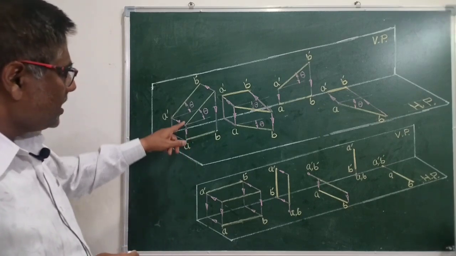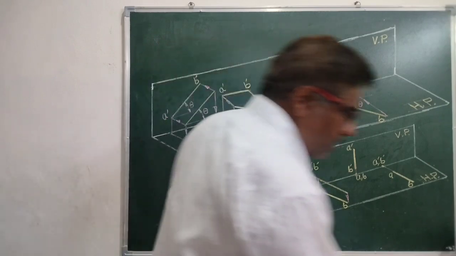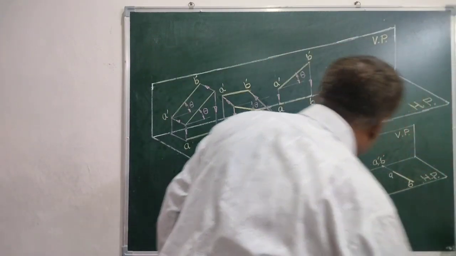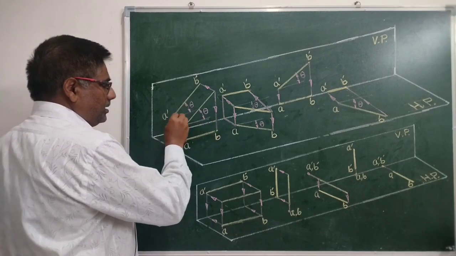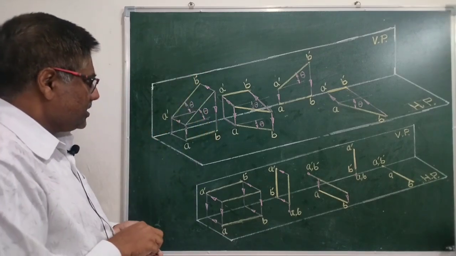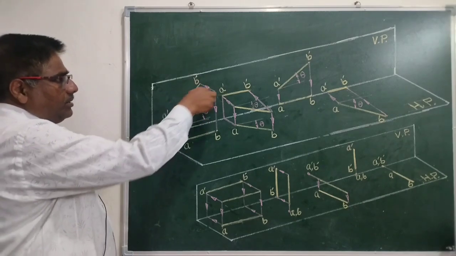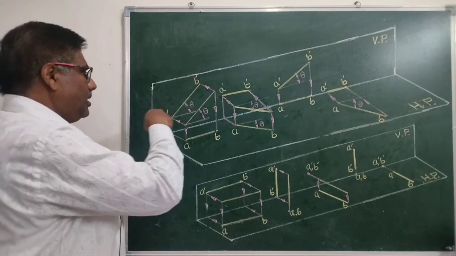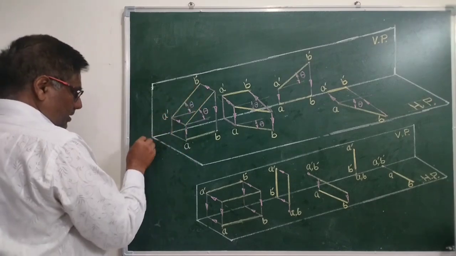The first case is line inclined to horizontal plane and parallel to vertical plane. In this case, to draw its front view, we are supposed to project the endpoints on vertical plane and we get its front view A dash B dash above XY.